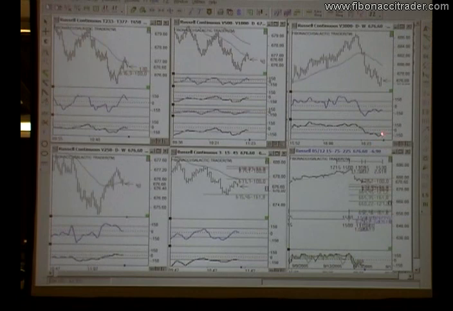If this is to be another bounce, I shouldn't say bounce, reject. If that's going to be another 100-line reject, we'll get the setup here. What we would be hoping for is that this time around, this would break, because we've tested it quite a few bars.